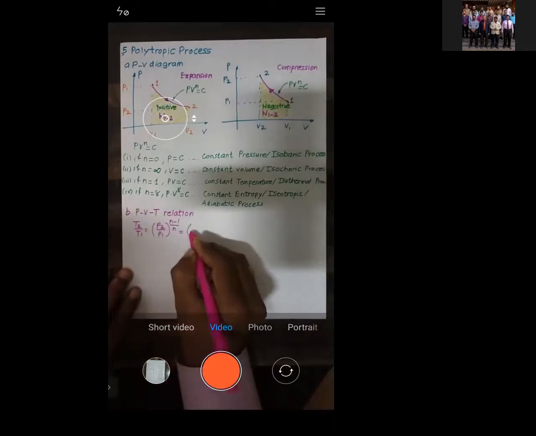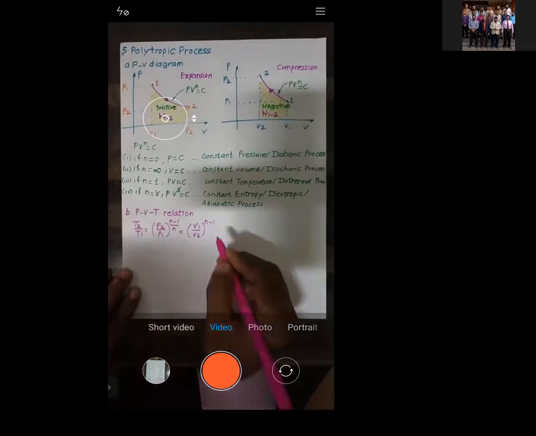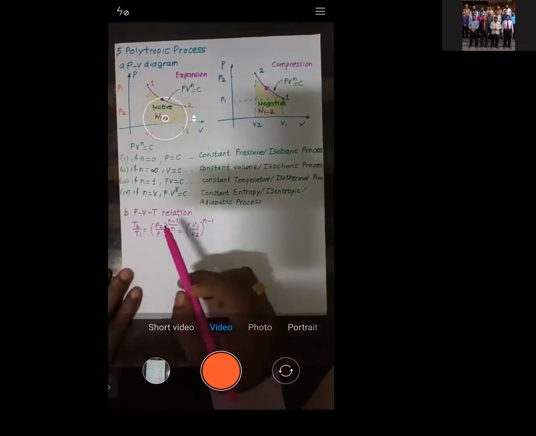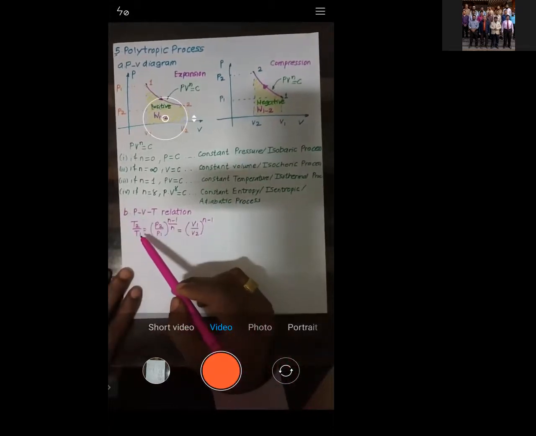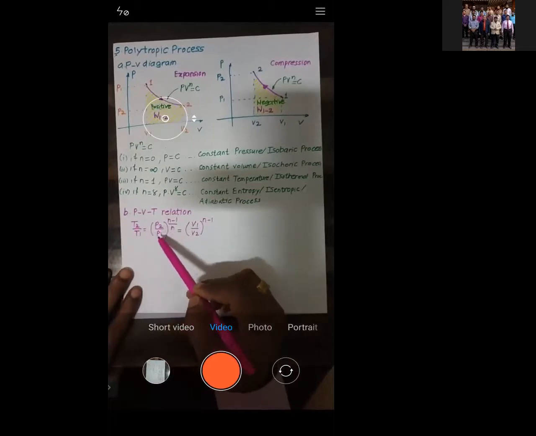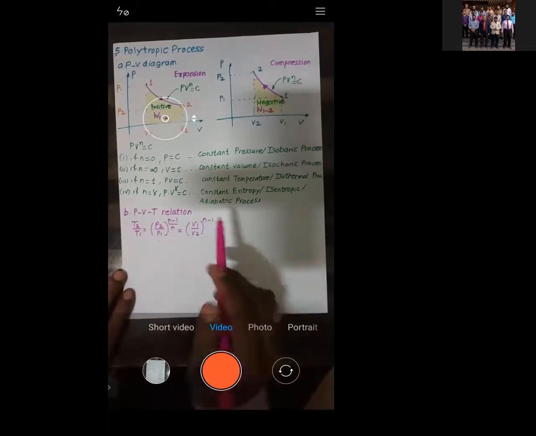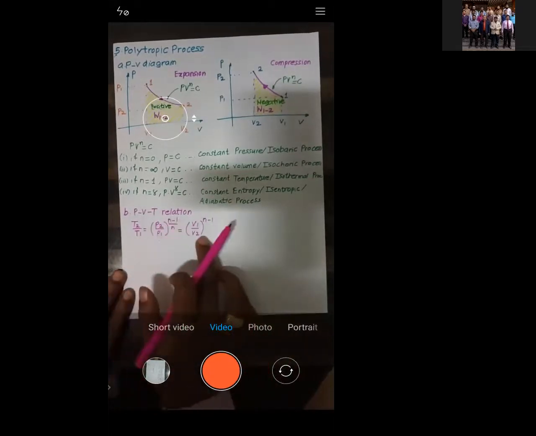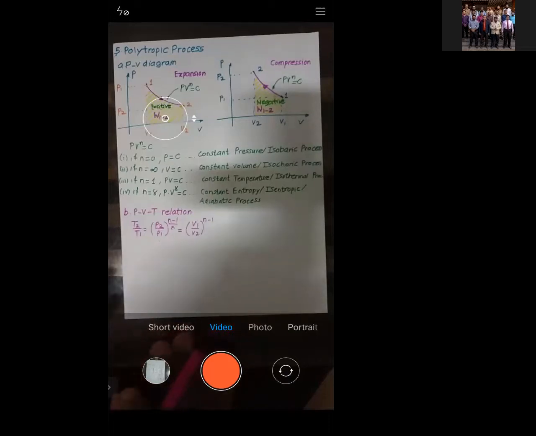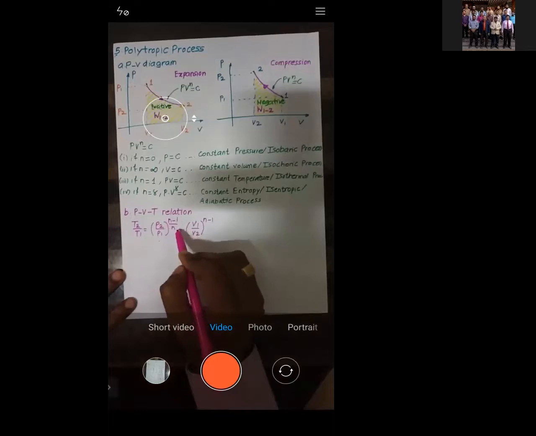which is equal to V1 by V2 raised to power n minus 1. Try to understand, right? T2 by T1 is equal to P2 by P1 raised to power n minus 1 by n, which is equal to V1 by V2 raised to power n minus 1. The same expression we derived for the adiabatic process in the last lecture, where instead of n we have the value of gamma.